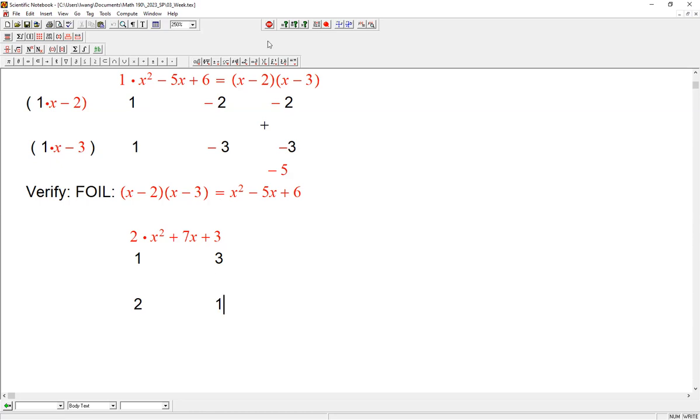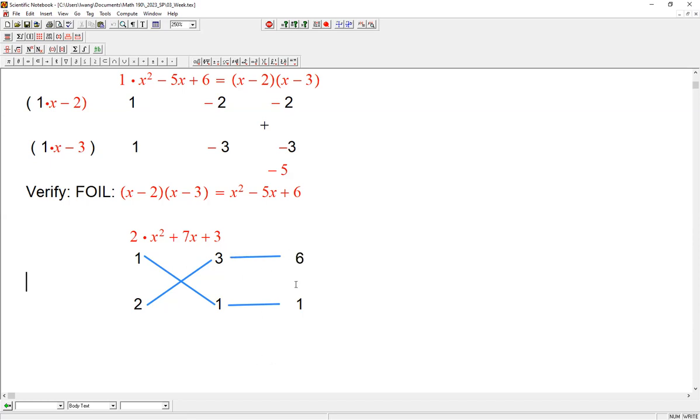Still the same setup and the same game to play. Cross multiplication. So 2 times 3 is 6. 1 times 1 is equal to 1. So I'm going to put these numbers together. 1 times 1 equals 1, and 2 times 3 equals 6.